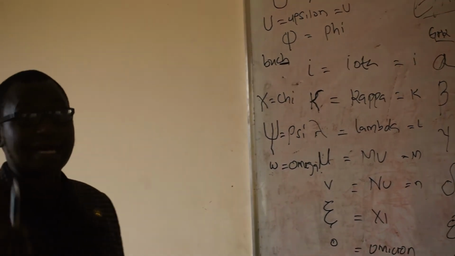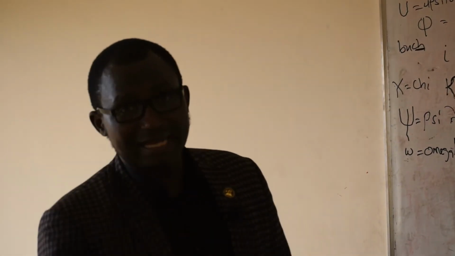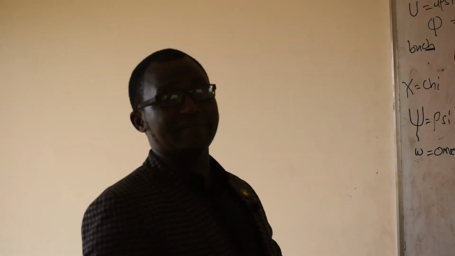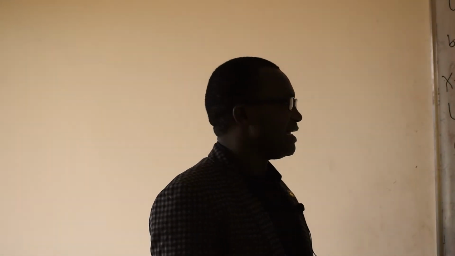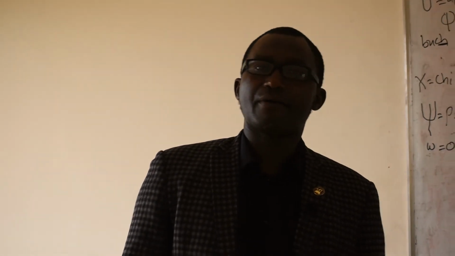Jesus Christ is the Alpha and the Omega. He is the first and the last. He is the one who has given us this language. We have to learn it so that we can understand his messages. Now we have come to the end of the Greek alphabet. Today I will not go any further because of time.